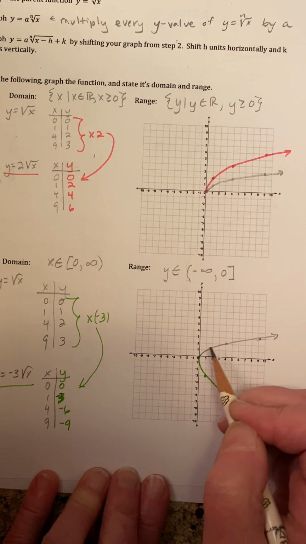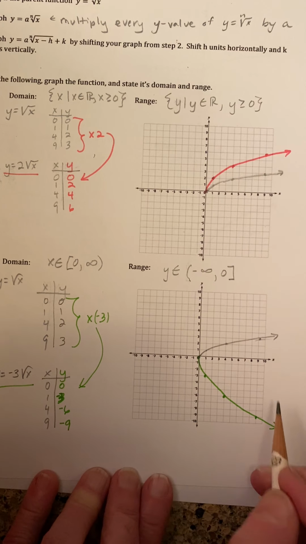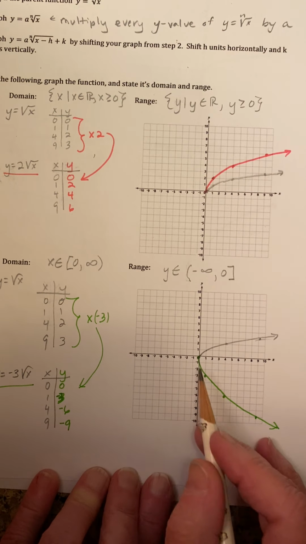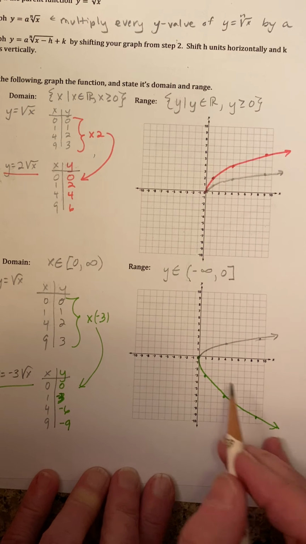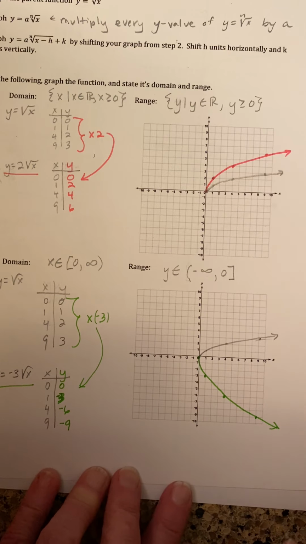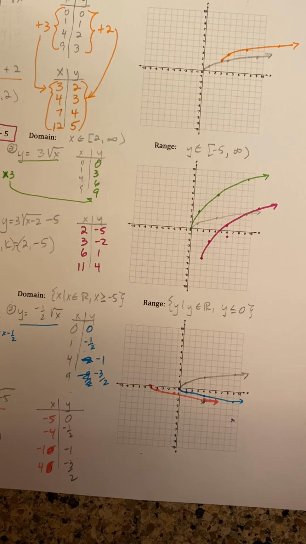If you think of what's happening with this one, as you pick bigger and bigger x's, you're getting the square roots of x as you go out. Same thing here, except it's just -3 times those square roots. So make sure you draw your graphs as carefully as possible. They should look like curves. They shouldn't look bumpy. They shouldn't have weird things happening on the tails. Okay, that's those two. The next example is going to involve a shift.